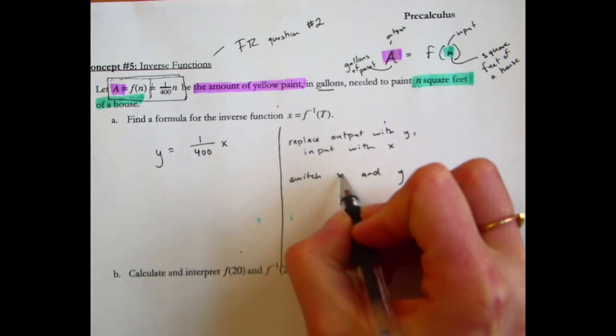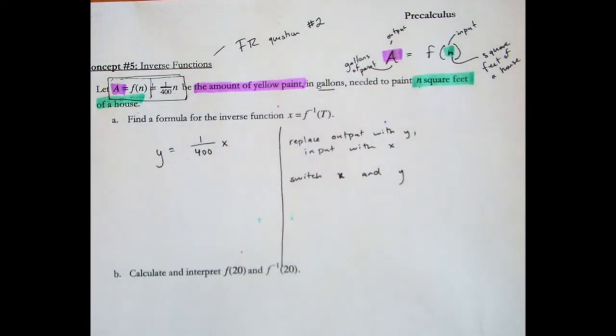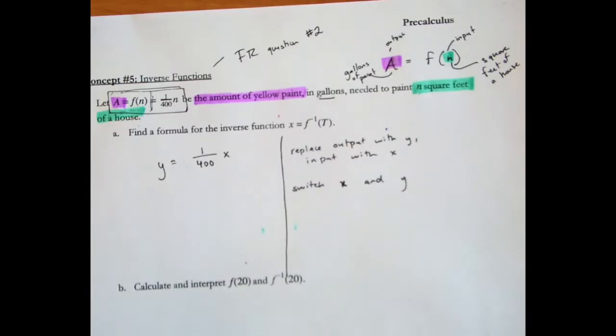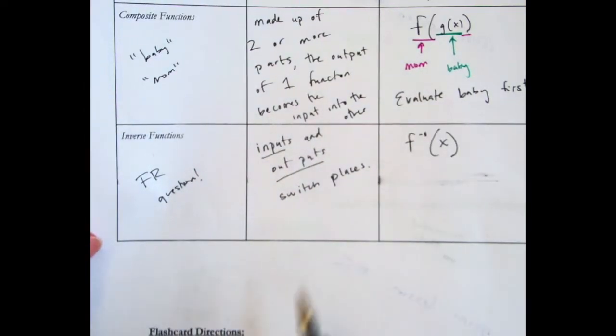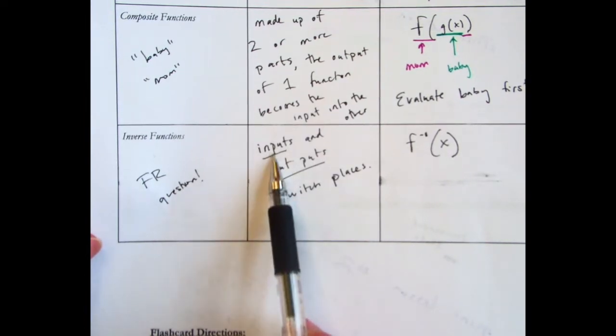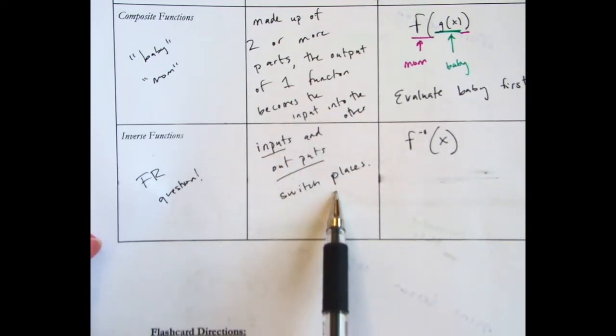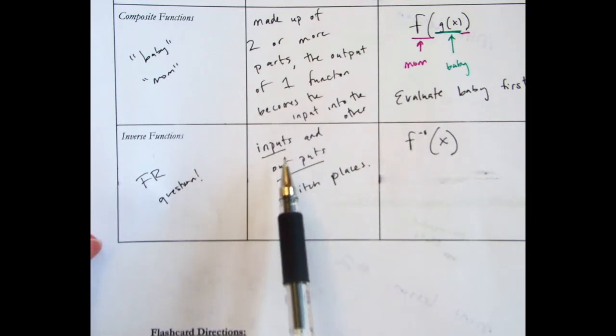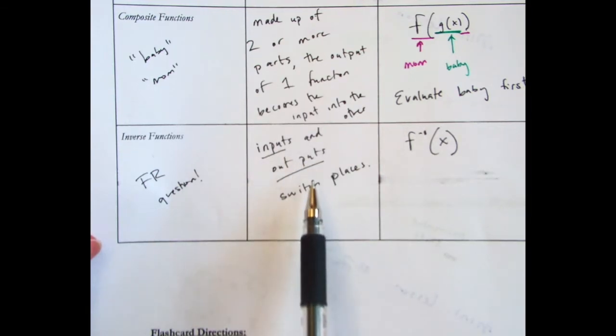The reason we did this is if we go back to earlier in the study guide, our definition of inverse functions, we can see the definition of an inverse function is inputs and outputs switch places. In other words, your x values and your y values switch places to create an inverse function.